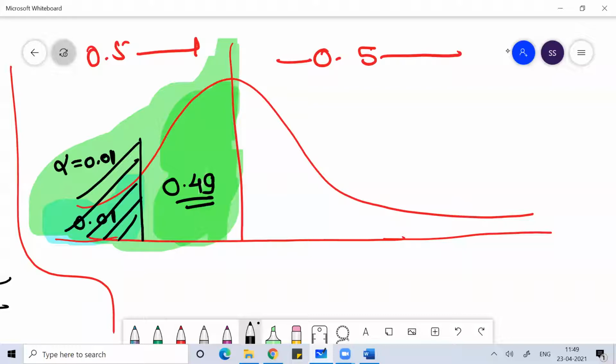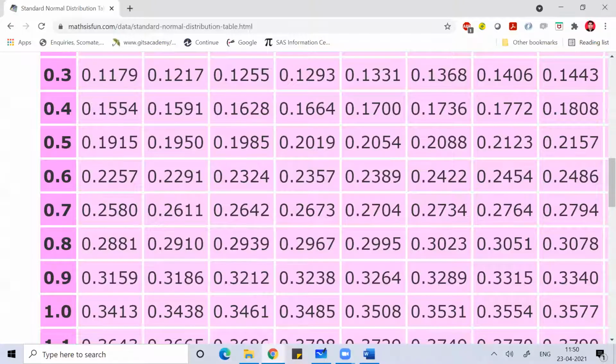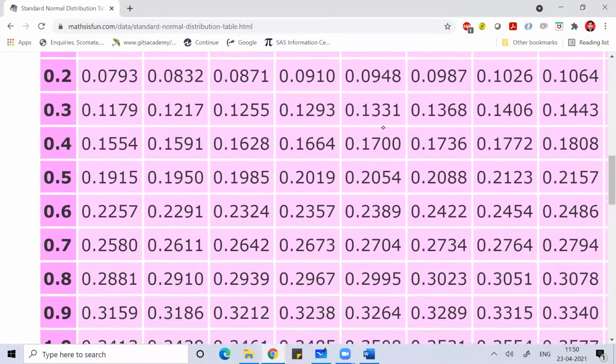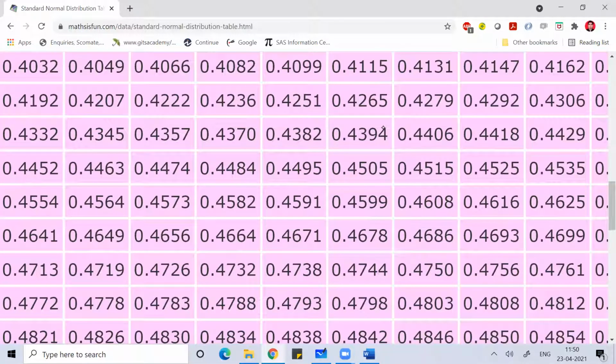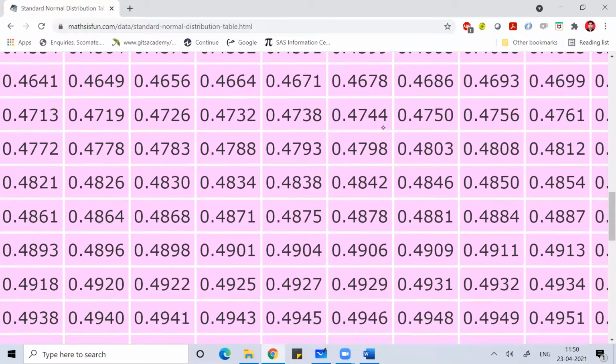Once you get this value 0.49, you ask your examiner for a normal distribution table. You raise your hand, ask the examiner for the table, and then in the normal distribution table you see where you are getting a value called 0.49. Or you can open a normal distribution table on your mobile or laptop. Please don't simply look it here. Open a normal distribution table, and see where there's a value called 0.49.